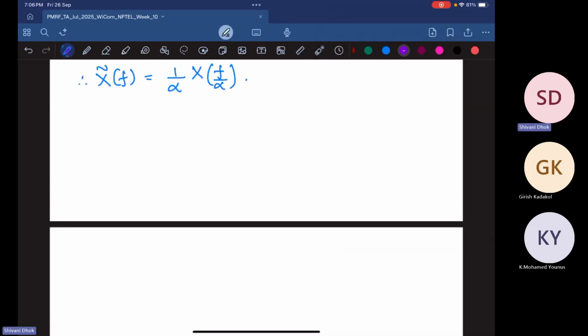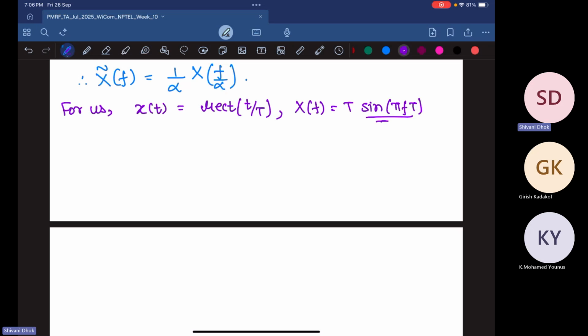For us, x of t was rect of t by capital T, and X of f, we had seen, comes out to be equal to T times sine of pi f T upon pi f T. So x of alpha t is rect of alpha little t by capital T, and we get X tilde of f as 1 by alpha into X of f by alpha.